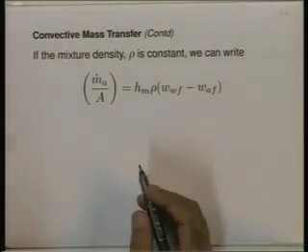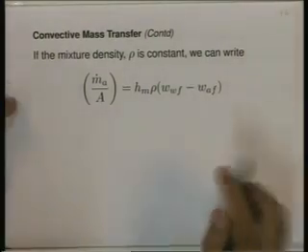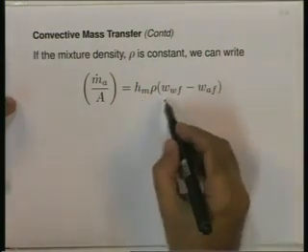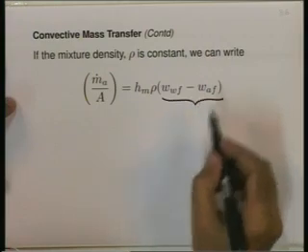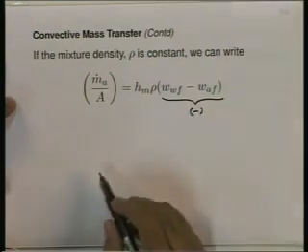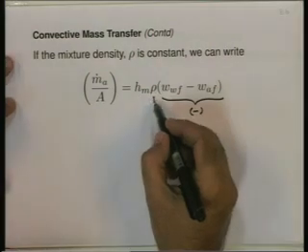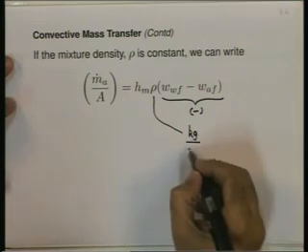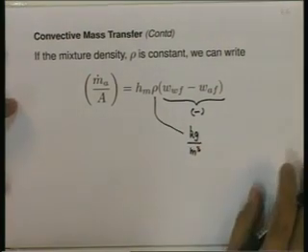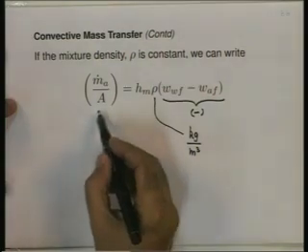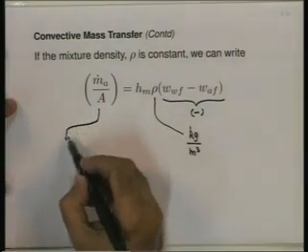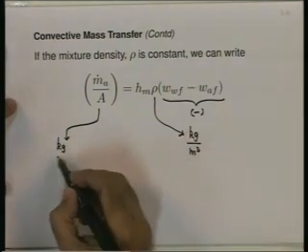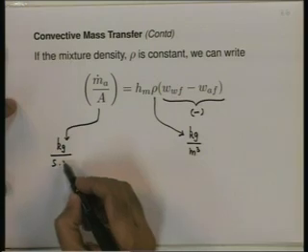Let us look at the units for the mass transfer coefficient. Notice that the mass fractions will be dimensionless. This is density, so it will have units of kilogram per meter cube. This is mass flux, so it will have units kg per second mass flow rate per meter square.